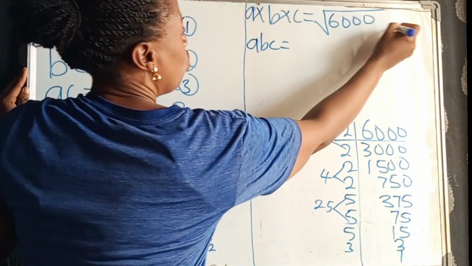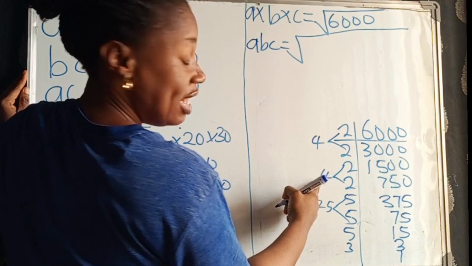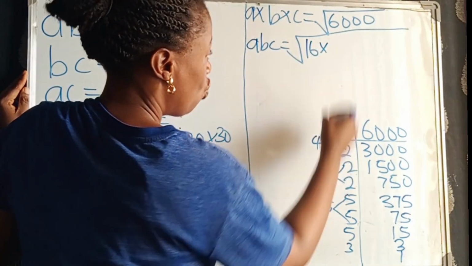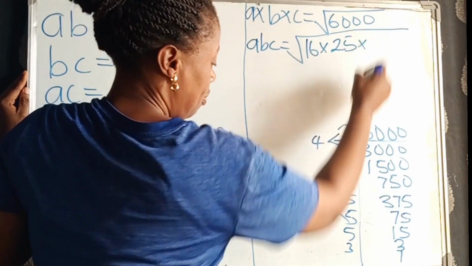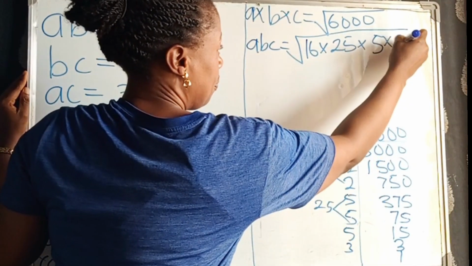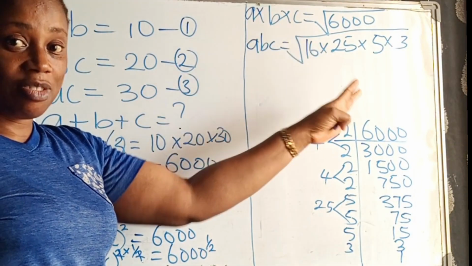ABC equals 4 times 4 here is 16, 16 times 25 times 5 times 3. So this can also be expressed like this.